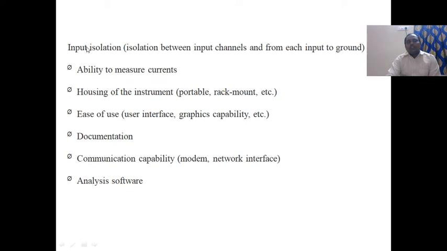Next one is input isolation between input channels and from each input to ground, or ability to measure currents, housing of the instrument, that is portable, rack mount, etc. Ease of use, that is the user interface, graphics capability, etc. Documentation, communication capability, modem or network interface, analysis software.